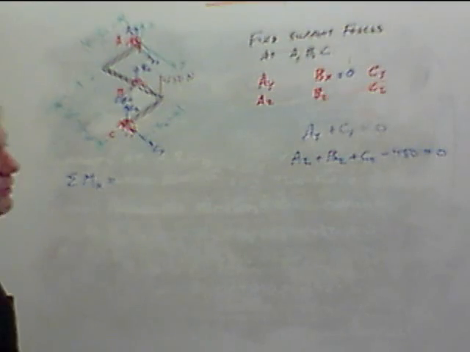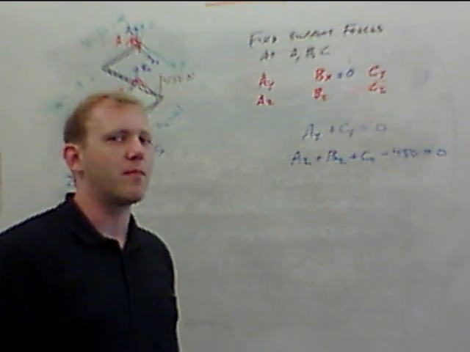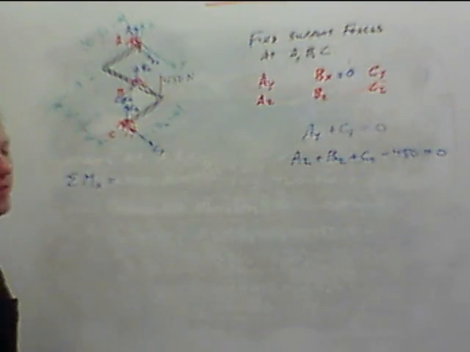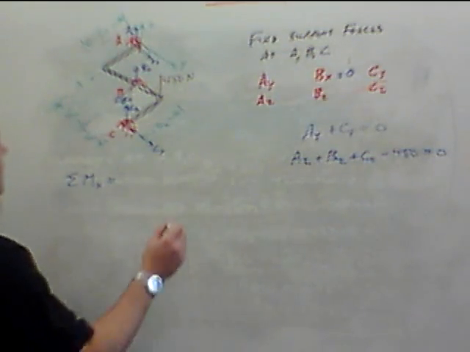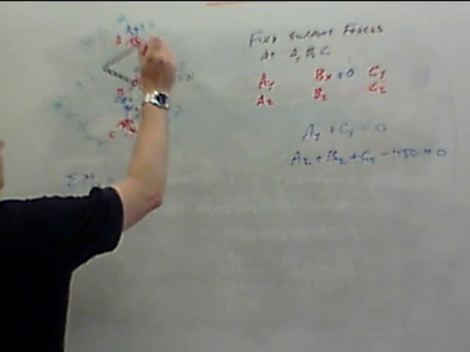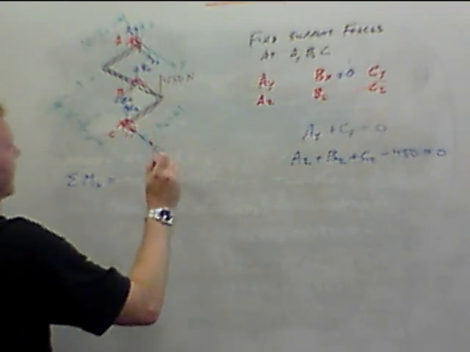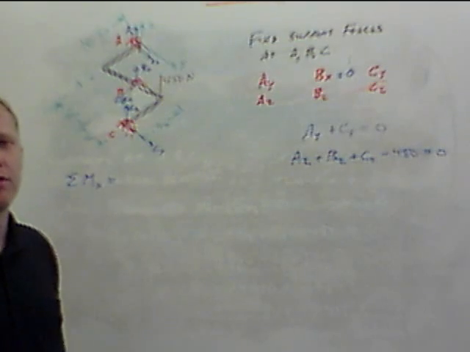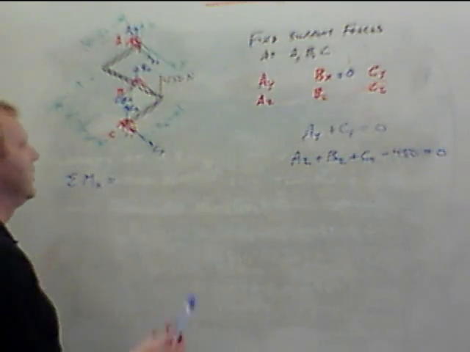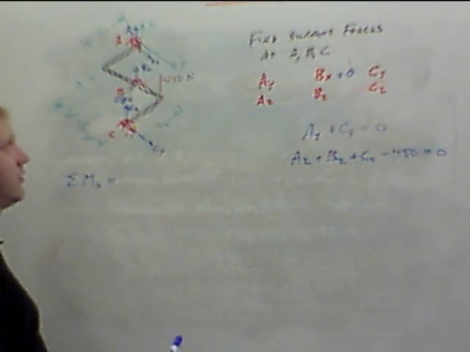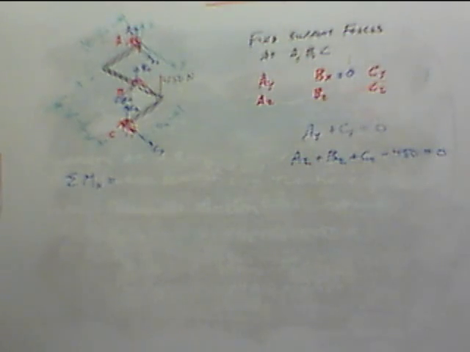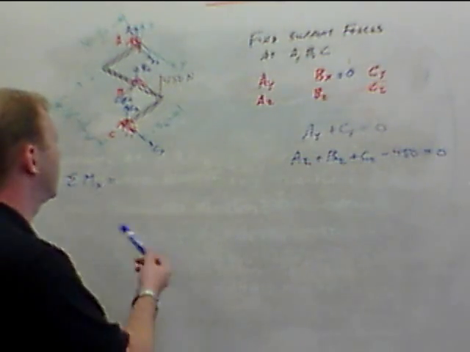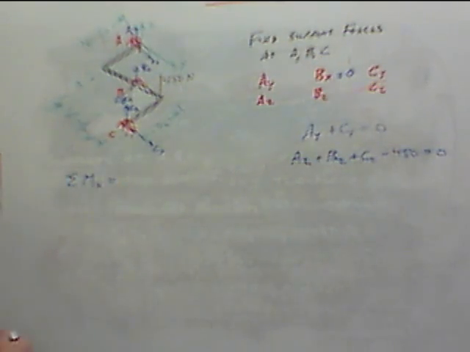If you have trouble with this, you can always go back to R cross F. That becomes very, very long in this case though, because now we have 1, 2, 3, 4, 5, 6, 7 forces, all of them with their own moment arms, and you have to do R cross F for each. If you want to do that, it absolutely does work, but it is a little easier if you can start envisioning this thing.